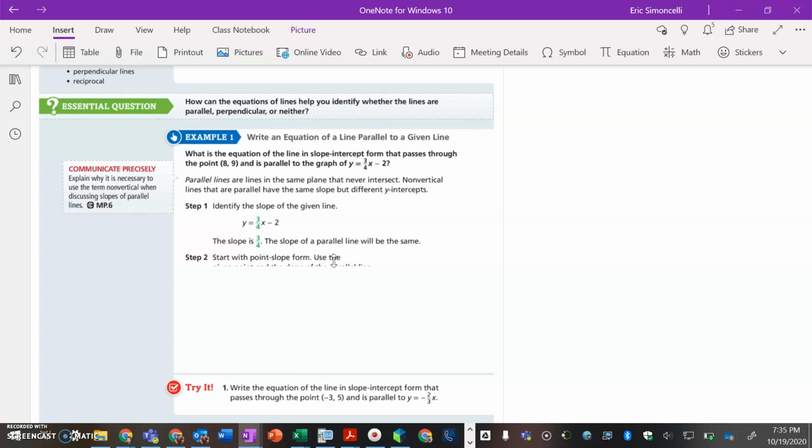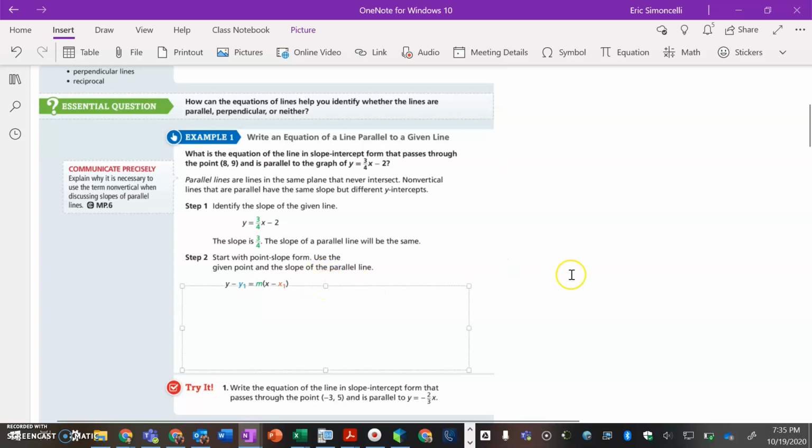Step 2 says to start with the point-slope form. Use the given point and the slope of the parallel line. Again, we have 3/4 as our slope of the parallel line, and this point (8, 9), in conjunction with the slope, plugged into point-slope form, if you recall from our prior section work.